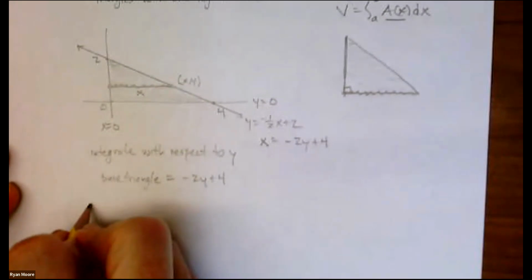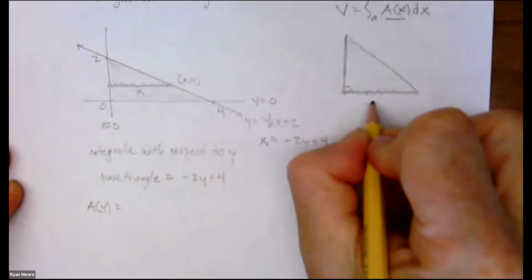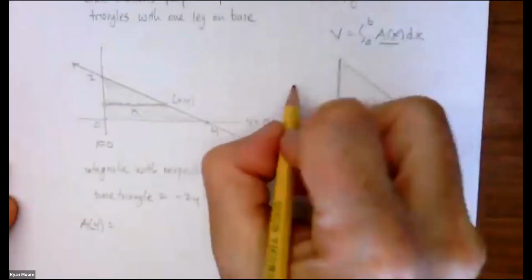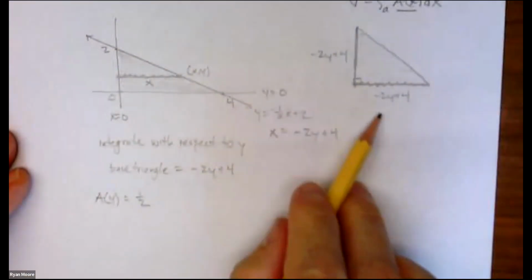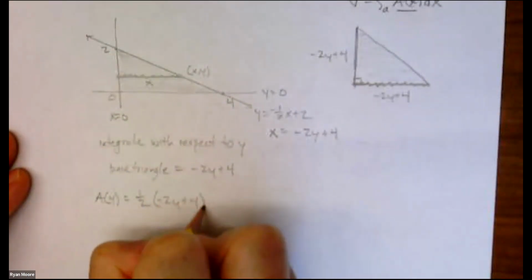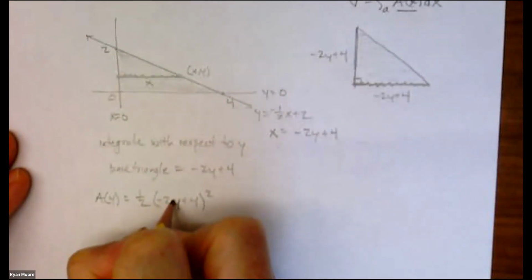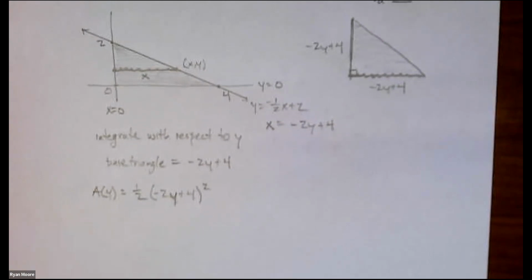So what would that make the area? Well, negative 2y plus 4. That would mean, since it's isosceles, the height is also negative 2y plus 4. The area of a triangle, 1/2 base times height. It's 1/2 times (negative 2y plus 4) squared. We got it.